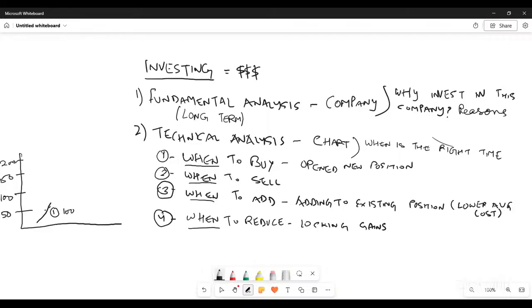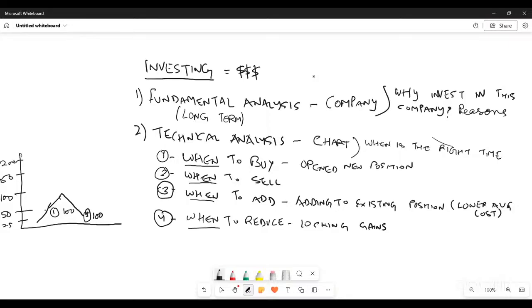It goes close to 100, but before hitting 100 it goes down to 25. But you really believe in this company, so at 25 you will do number 3, when to add, and you will open another 100 shares because you are really feeling good about this company.